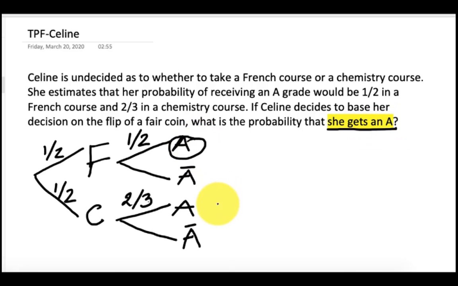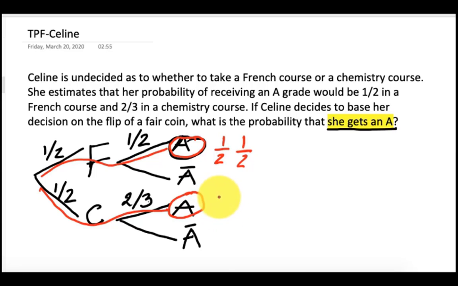So I will focus on these events and this one. And how can you come up with these events? You have to follow this scenario or this scenario. So the probability that the first scenario occurs is 1/2 times 1/2.